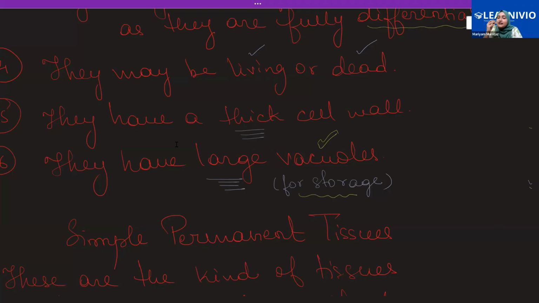Yes, exactly. The cell wall in plants, no matter which part I am talking about, will always be made up of cellulose. So here also, the cell wall is made up of cellulose, but it is thicker. And since they do not divide, they will have large vacuoles present in them for storage purpose. Is it clear?